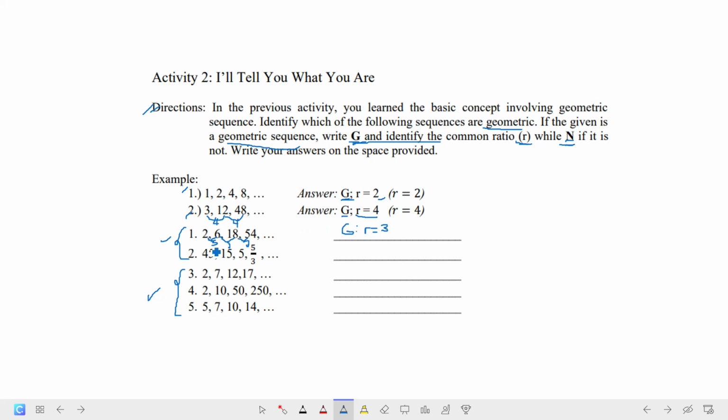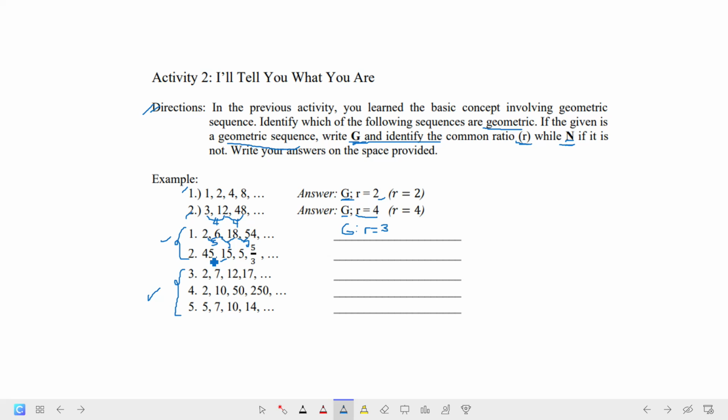Okay. As you notice, the numbers are increasing here while in number 2 they are decreasing. It does not mean that the given is not geometric when it is decreasing. Just like in an arithmetic sequence, we have an increasing pattern and we have a decreasing pattern. Now, let us evaluate first before we tell if it is geometric or not.